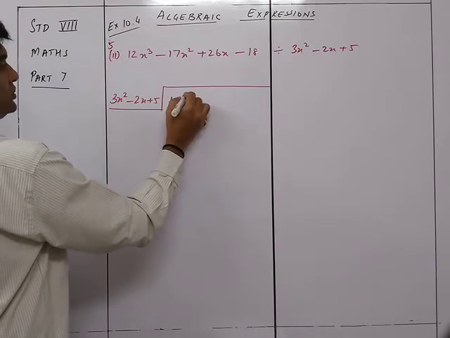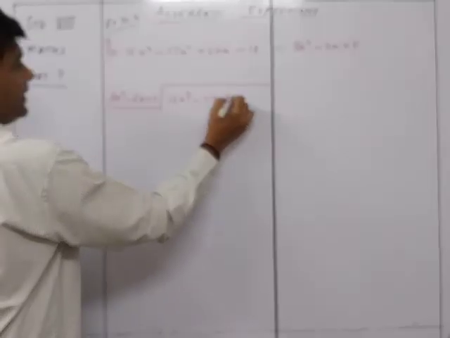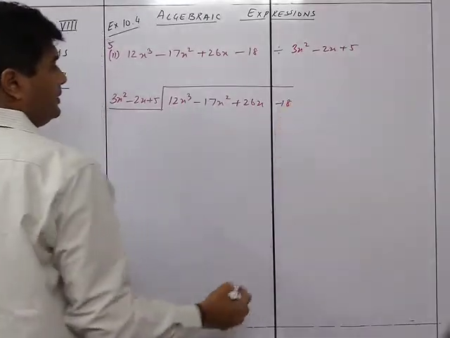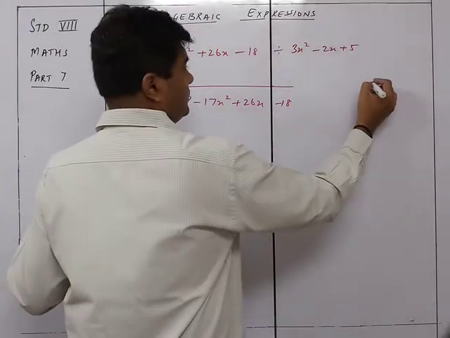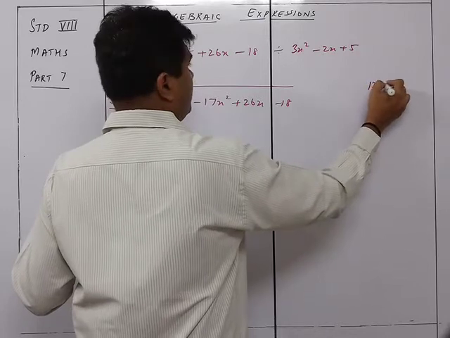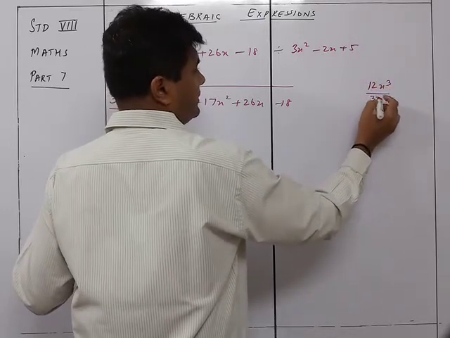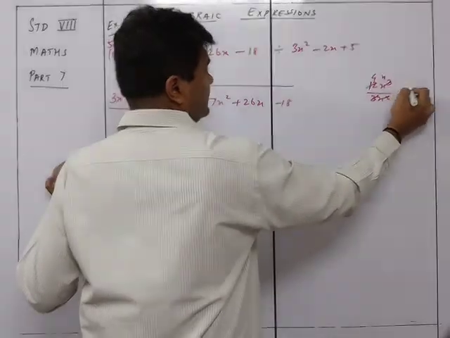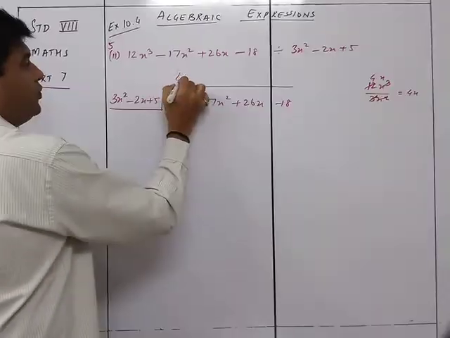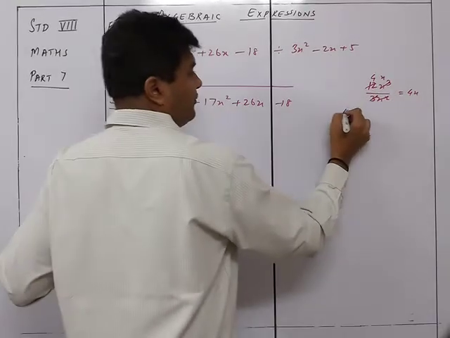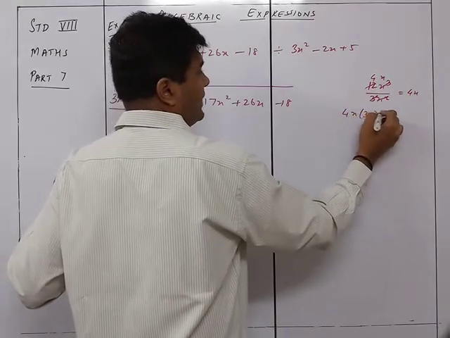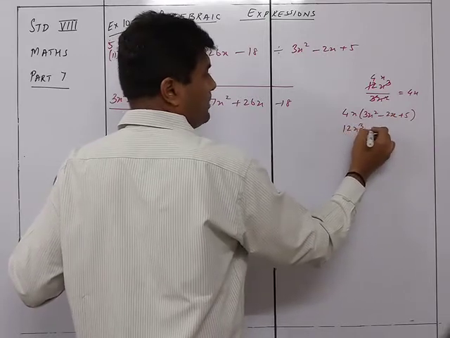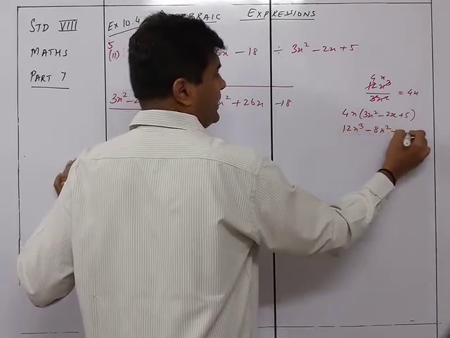This is 12x cube minus 17x square plus 26x minus 18. So the first part, 12x cube upon 3x square, gives you 4x. So put 4x. Now 4x into 3x square minus 2x plus 5 will be 12x cube minus 8x square plus 20x.